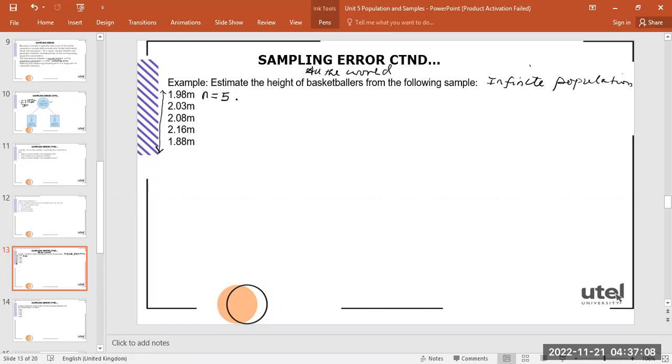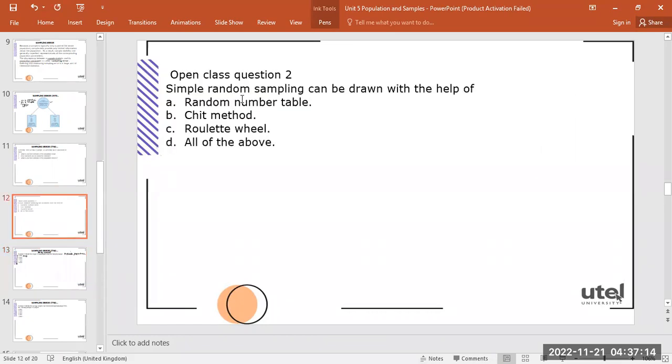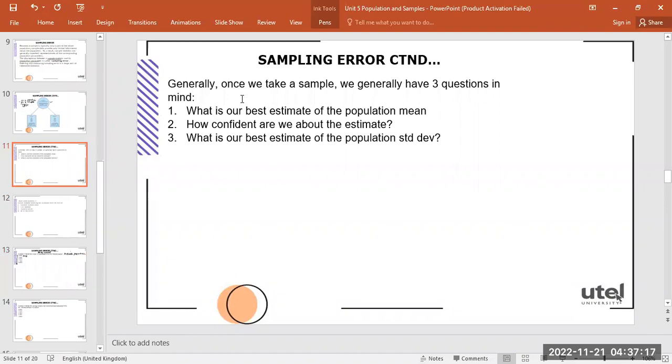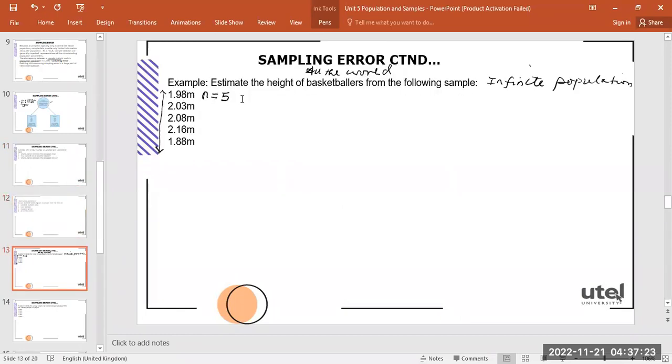Now, the first thing we want to do, just like I told us from the previous slides, whenever we take samples, we want to see what is our best estimate of the population mean, and then how confident are we about the estimate, and what's our best estimate of the population standard deviation. So in this case, we are given that our sample n is equal to 5.